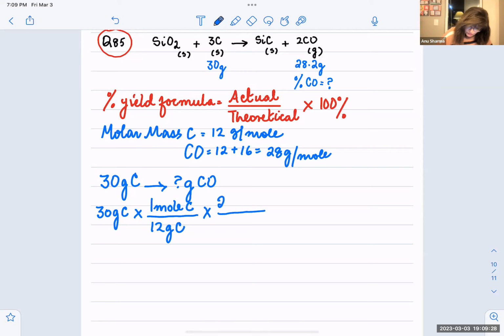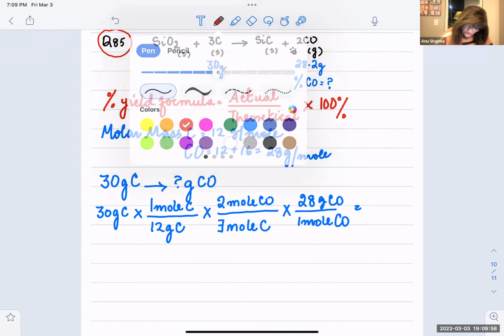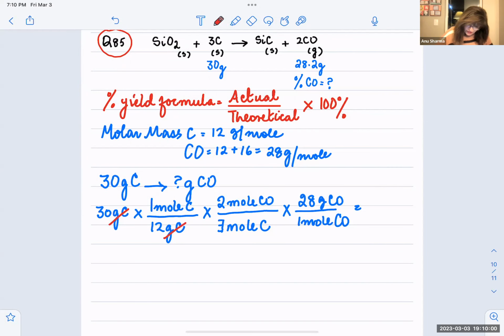We see that 2 moles of carbon monoxide are produced when 3 moles of carbon are used. Then 1 mole of carbon monoxide is 28 grams of carbon monoxide. So you have grams of carbon cancel, moles of carbon cancel, and moles of carbon monoxide cancel.